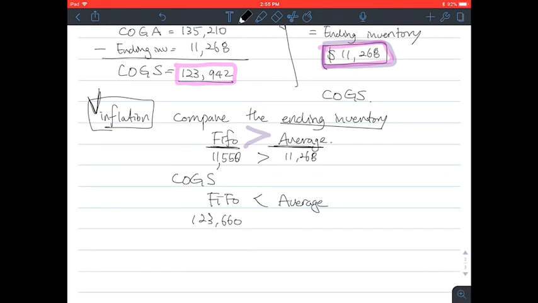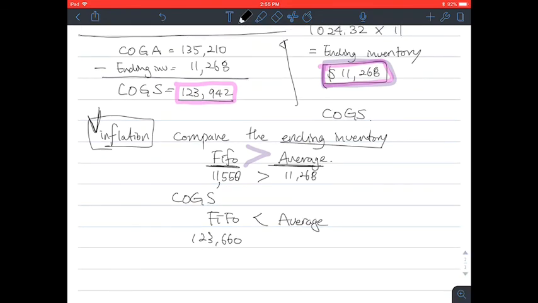But using average, you can see it is $123,942. See, the average is bigger. The average cost method has bigger COGS under inflation. This effect will be vice versa when it's deflation.